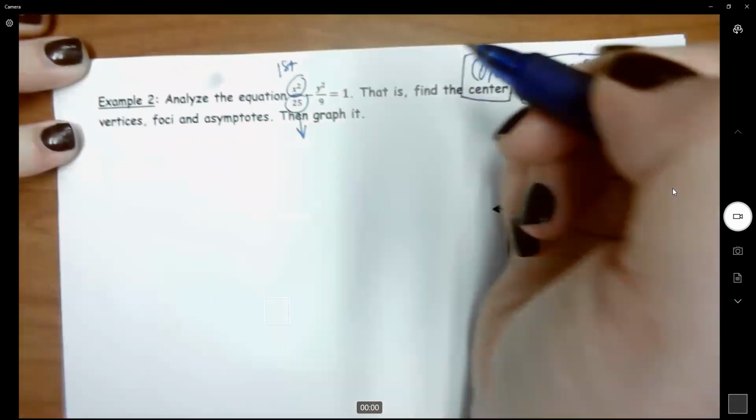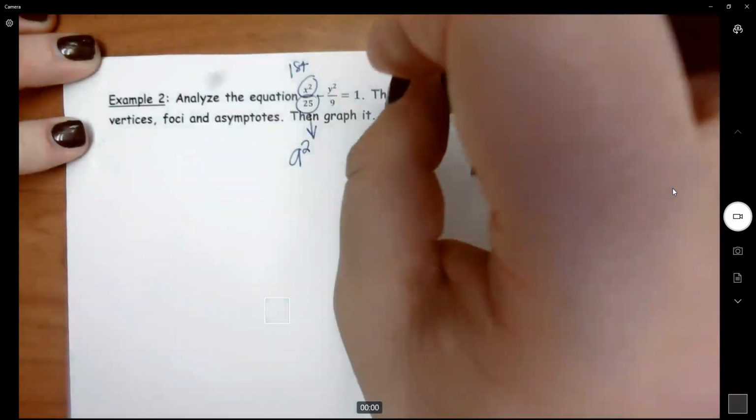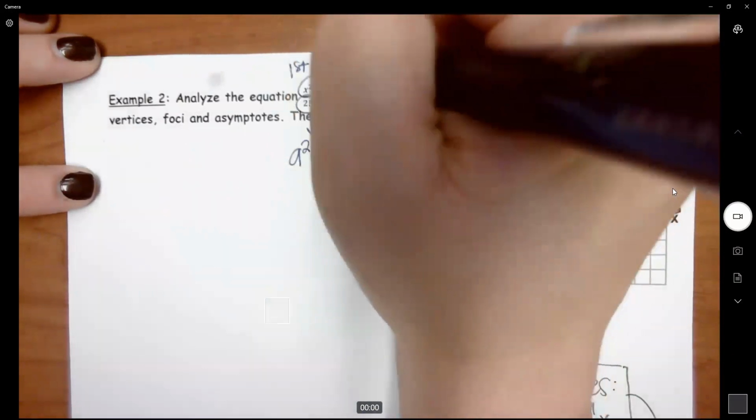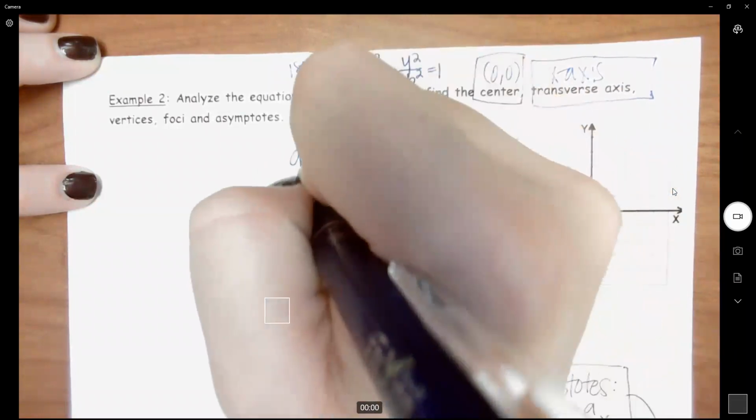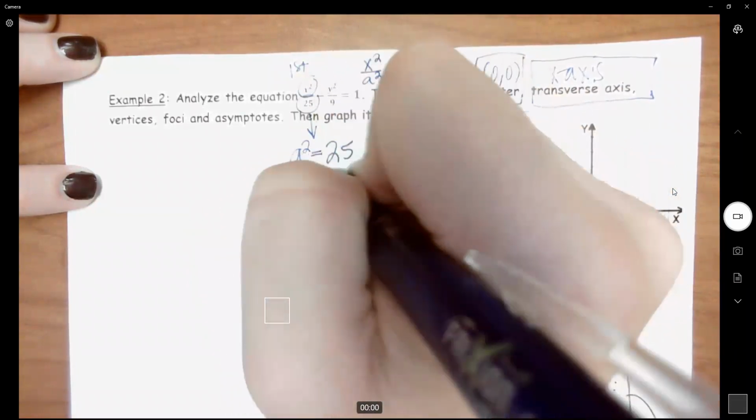This is my a squared, right, because this is x squared over a squared minus y squared over b squared equals 1. So a squared equals 25, which means a is plus or minus 5.